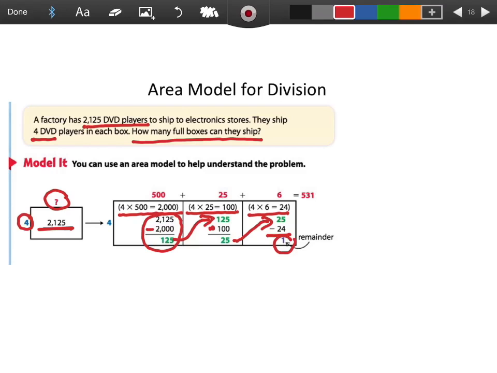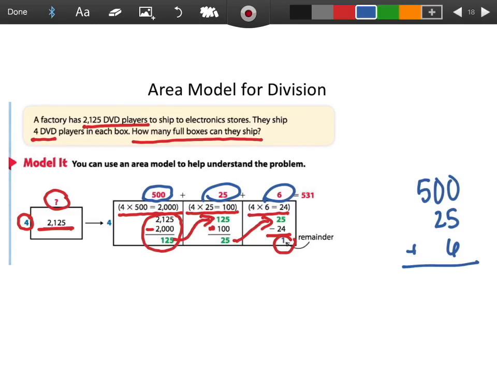Now, to find out how many full boxes I shipped, all I've got to do is add up all these little pieces. Remember, I packed 500 boxes, and then I packed 25 boxes, and then I packed 6 boxes. So all I've got to do is add those up. 500 plus 25 plus 6.